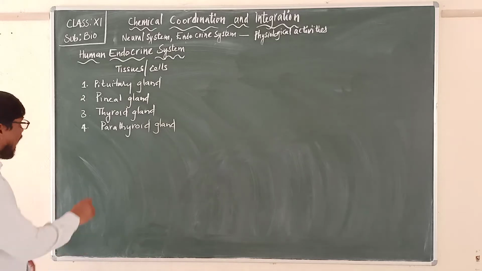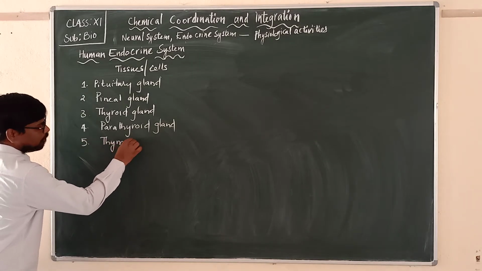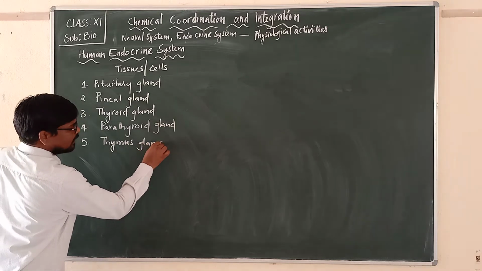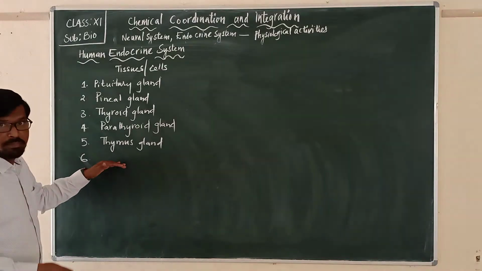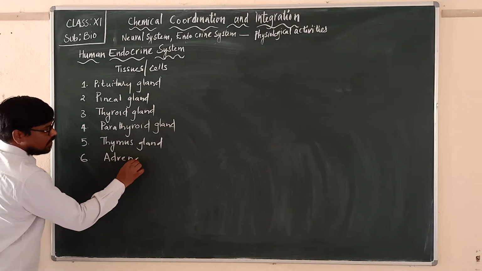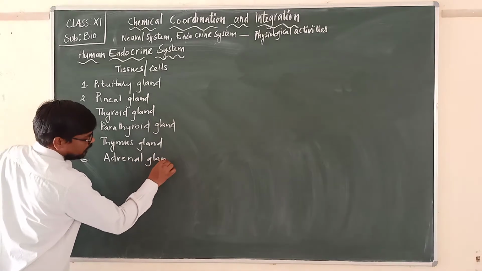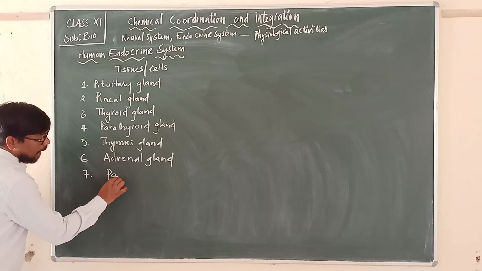Then there is another gland called the thymus gland, and after the thymus gland there is the adrenal gland. Here the sixth one is the adrenal gland, and the seventh one is the pancreas.